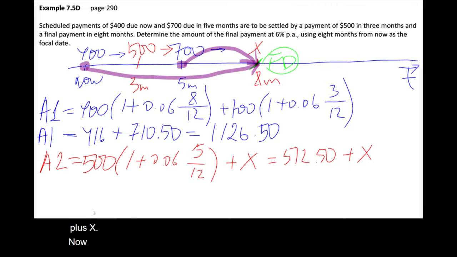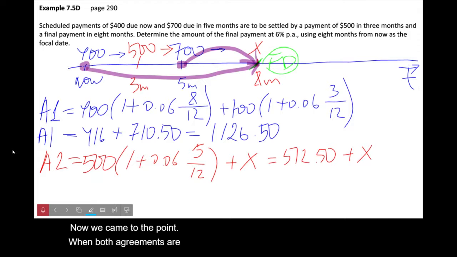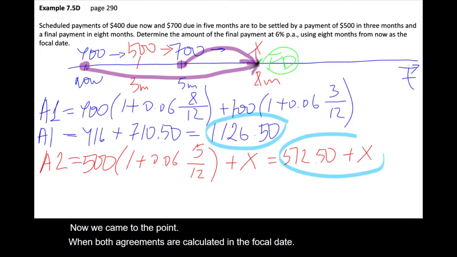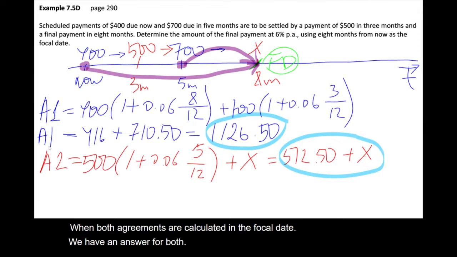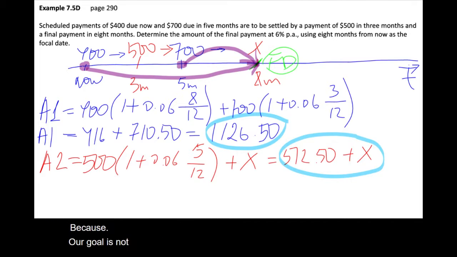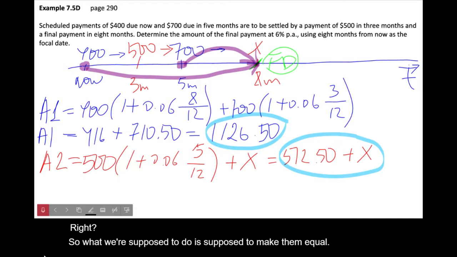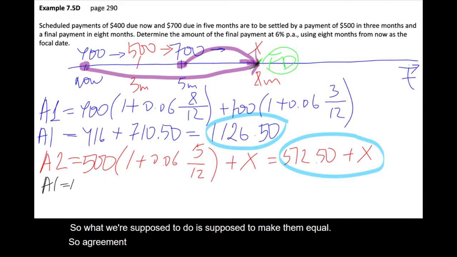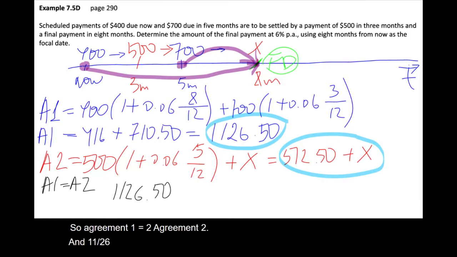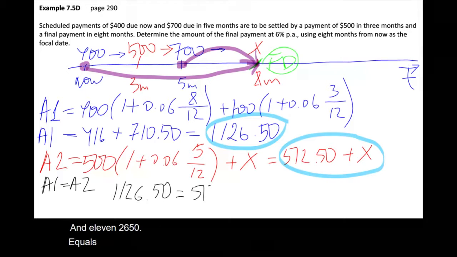Now we came to the point where both agreements are calculated at the focal date. We have an answer for both. Because our goal is not to lose money, what we're supposed to do is make them equal. So agreement 1 equals agreement 2: 1,126.50 equals 512.50 plus x.